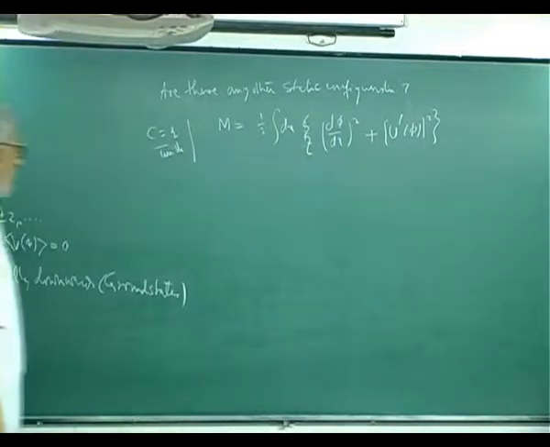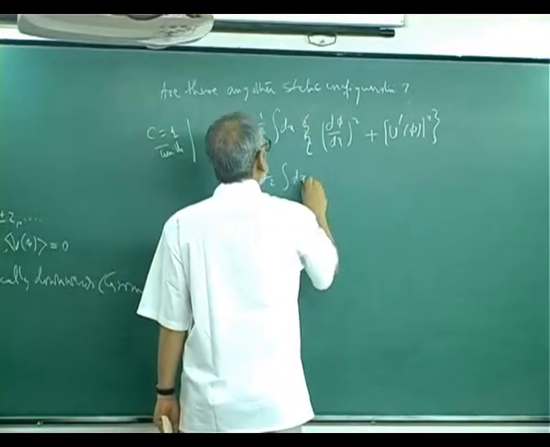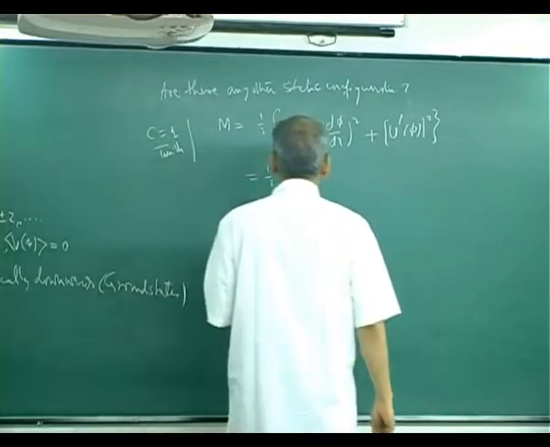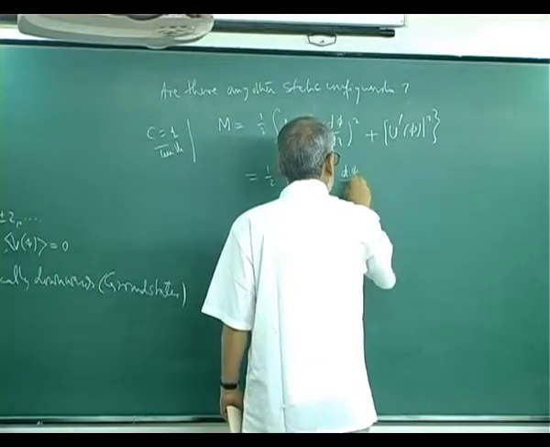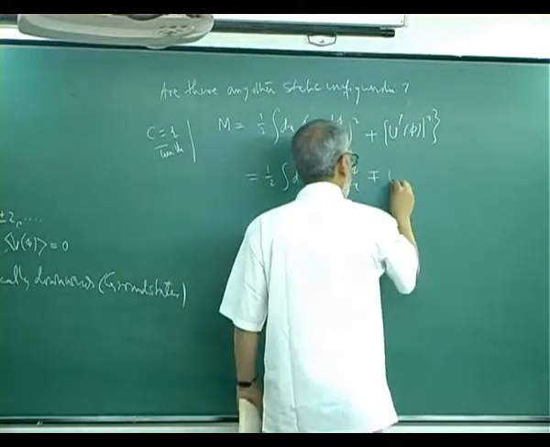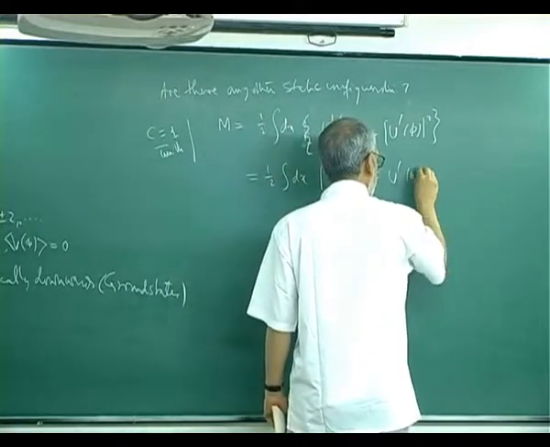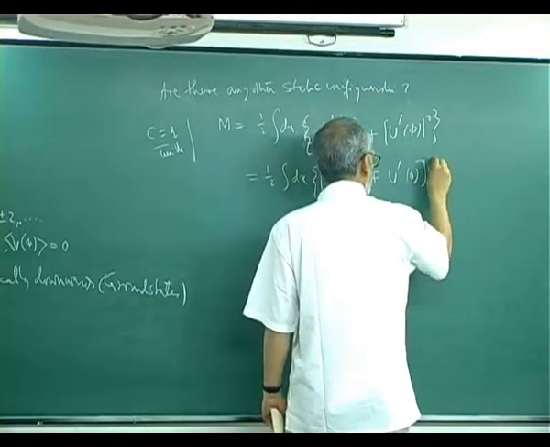And this, we said, we will rewrite as half the integral dx of (d phi by dx plus minus U'(phi)) whole square.